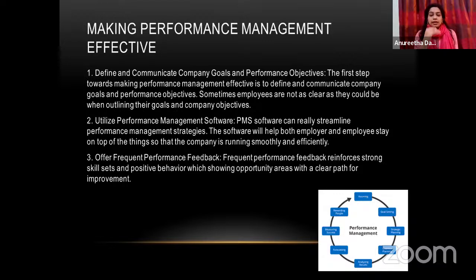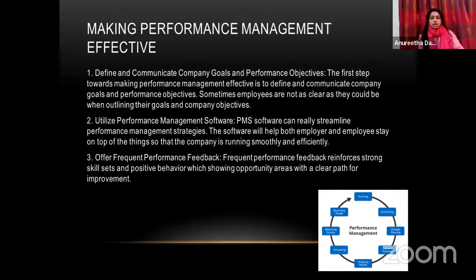Making performance management effective. How do we make performance management effective? First, define and communicate company goals and performance objectives. You have to make sure the employees clearly understand what you are trying to define about their objectives.